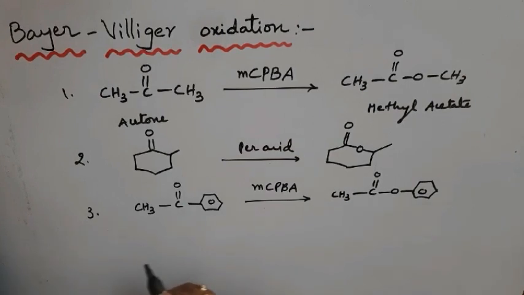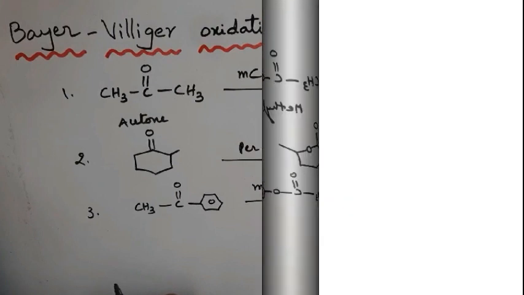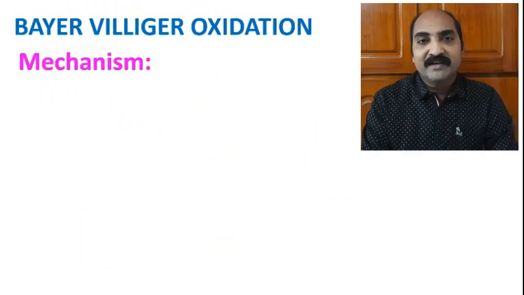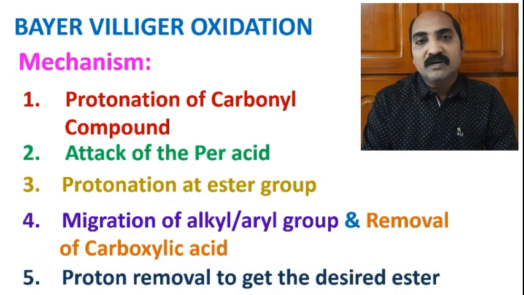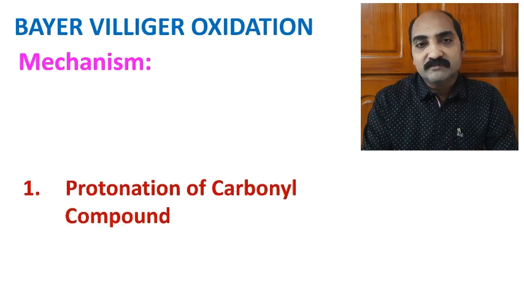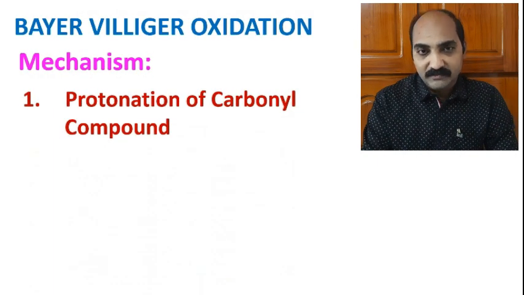Let us look at the mechanism of this Baeyer-Villiger oxidation now. This mechanism seems to be a little bit complex and involves several steps. Here we have an acid, especially a peracid, being treated with a ketone. First, protonation of the ketone occurs.